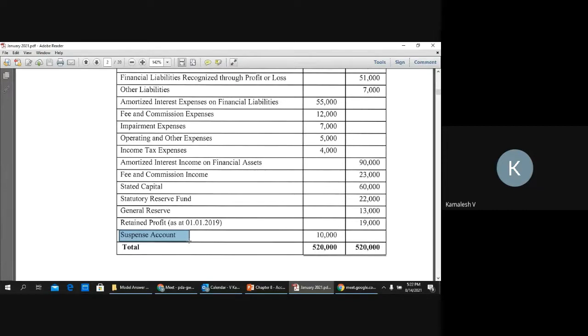Even though they say 520,000 there, what has actually happened? Their debit side is less by 10,000. Their credit side is 520,000, but debit side is only 510,000. So they have a difference. They are not in a position to identify what has caused this error. So what have they done? They have put 10,000 on the debit side and said suspense account, so that the trial balance is now balanced.